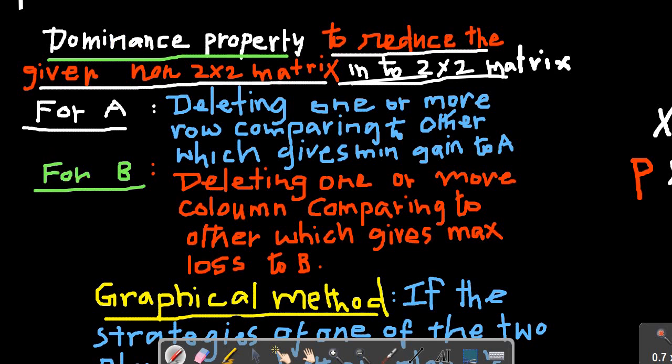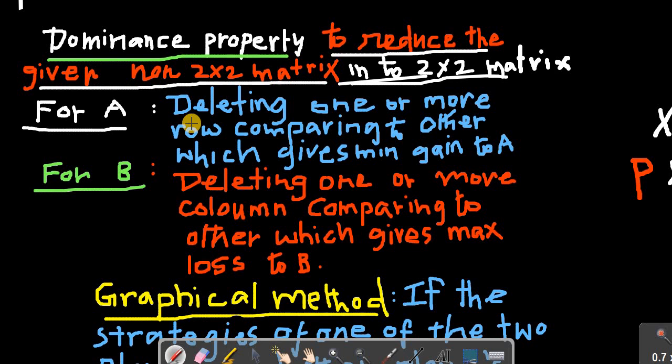So what do we use here? What is the aim of A? The aim of A is that he wants to maximize his minimum gain. If that is the case, we can delete one or more rows compared to other rows, which give him a minimum gain. You know that A is represented by the rows, am I correct?